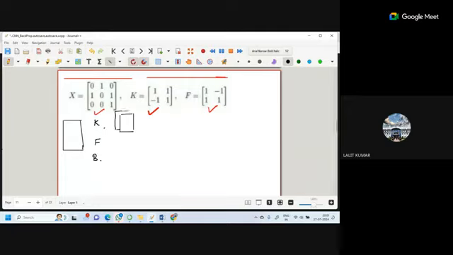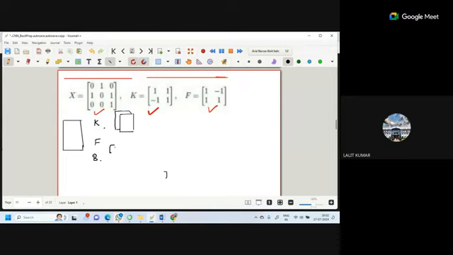One output here, one output here. If you see mathematically, they look like this. So it will be a tensor.